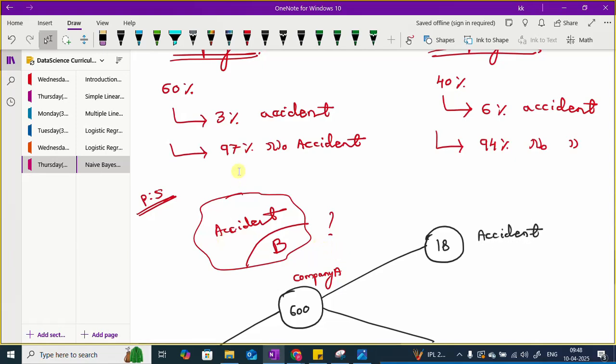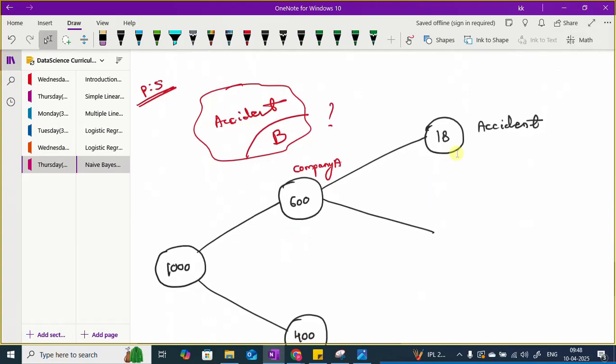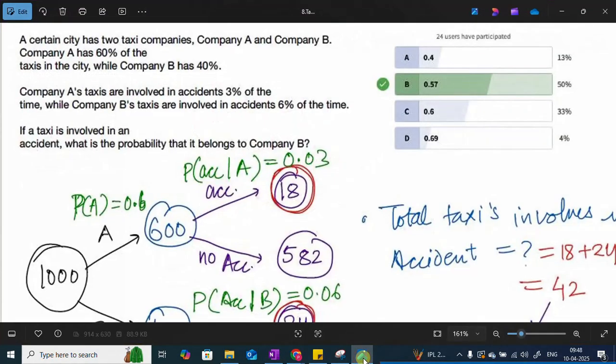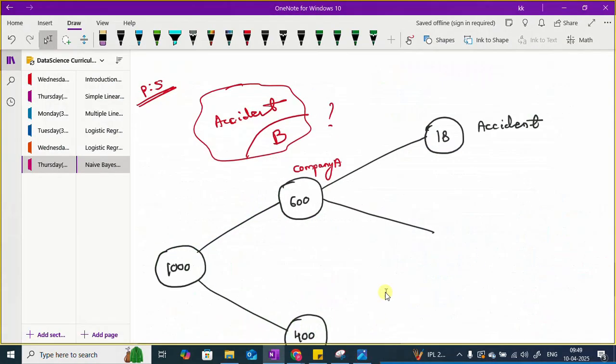Now, if 18 taxis are facing an accident, then 600 minus 18 is 582. 582 taxis have no accident. Clear, guys? See how I derived it.